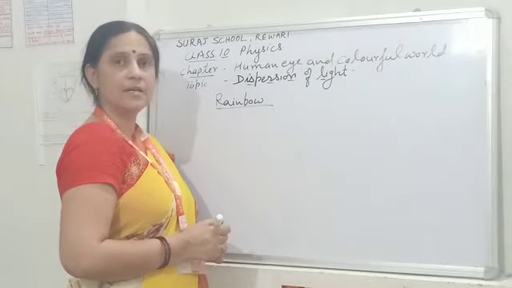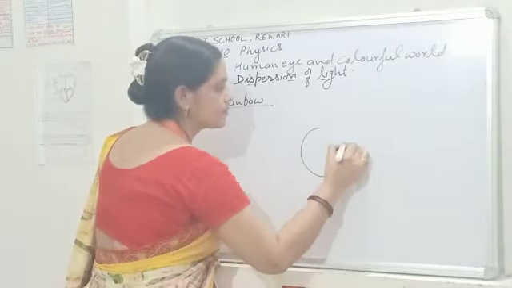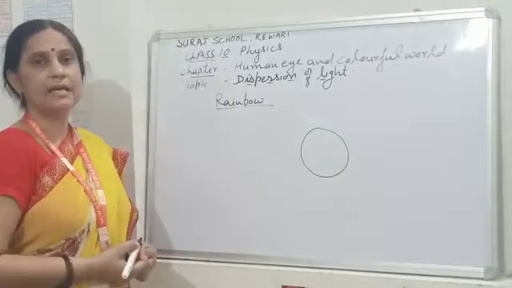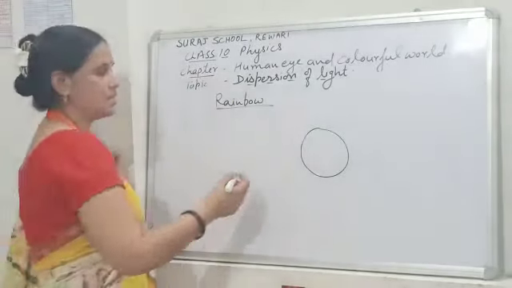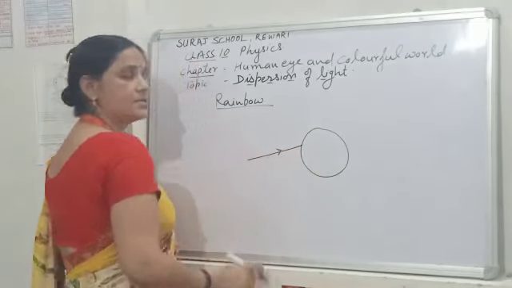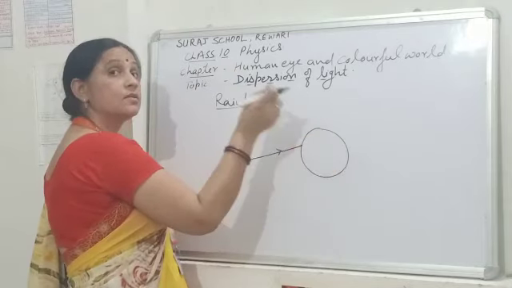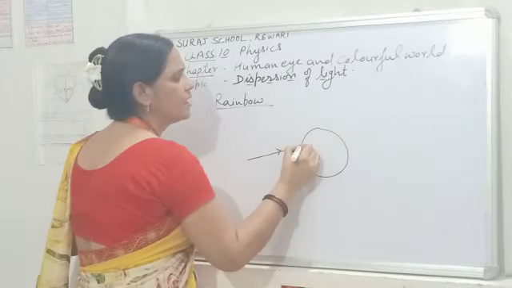After the rain, when a large number of raindrops are suspended in air and the sun shines, then sun rays enter these raindrops. And inside the drop, 3 phenomena take place.